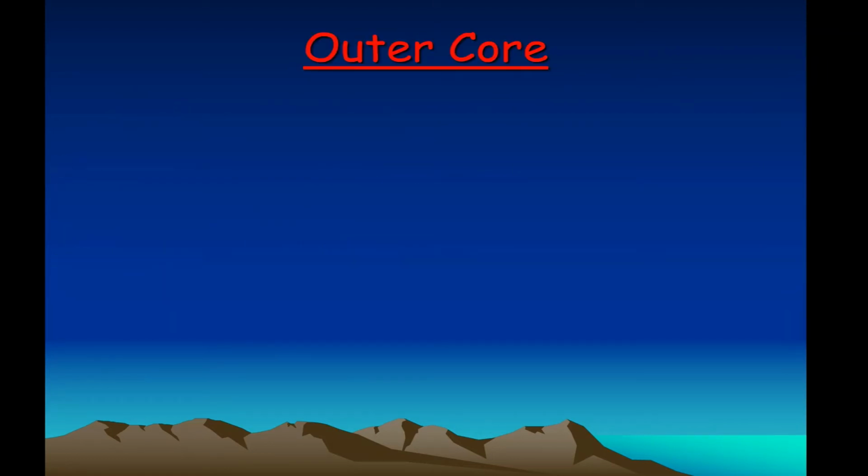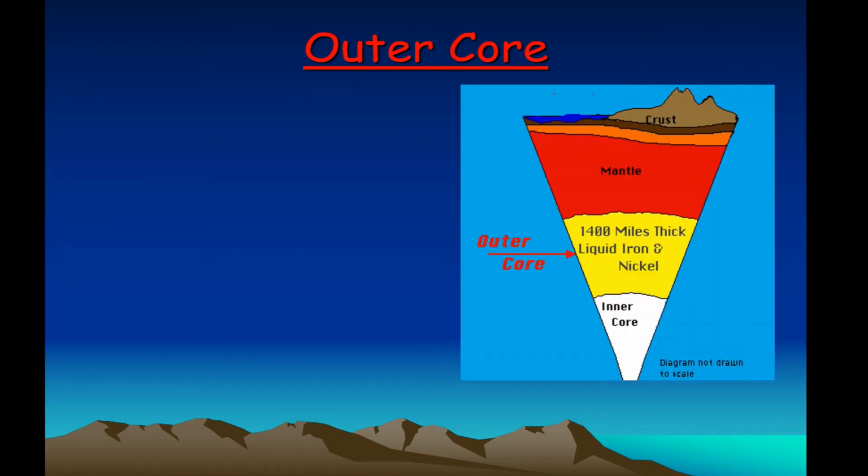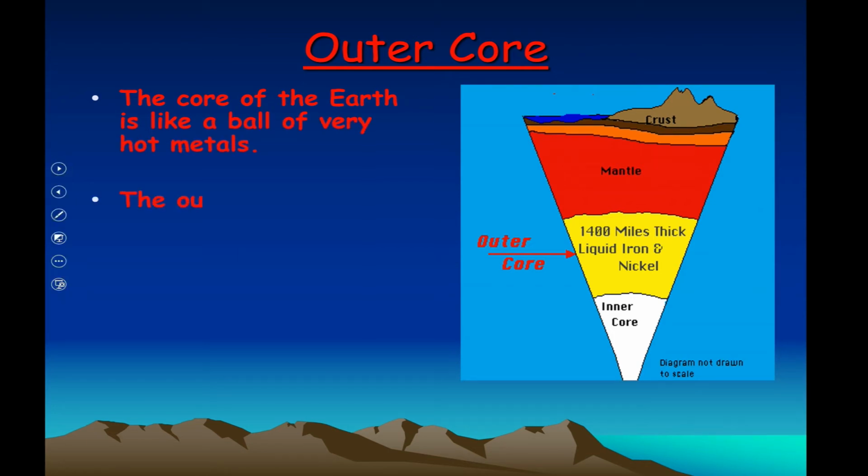The core, now the outer core of Earth, as we see in yellow color. The core of the Earth is like a ball of very hot metals. But these very hot metals are liquid. So they are melted metals, which are a mix of what? Iron and nickel.